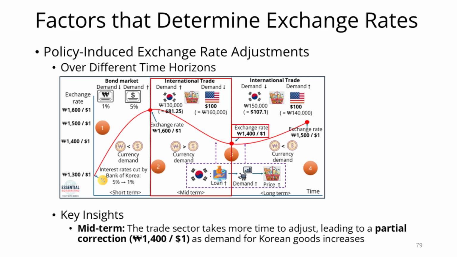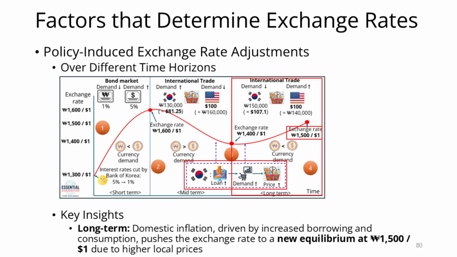This leads to a partial correction of the exchange rate to 1,401 per dollar. Finally, let's look at the long-term effects. Over time, low interest rates fuel loan growth and domestic demand in Korea. As prices rise, Korean goods lose competitiveness, and the exchange rate climbs back to 1,501 per dollar.